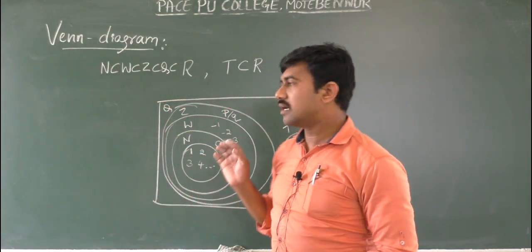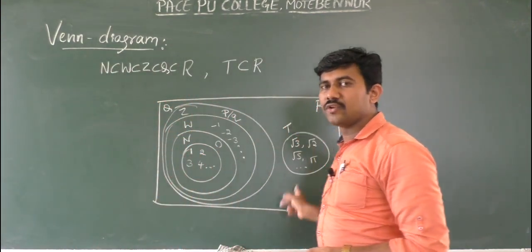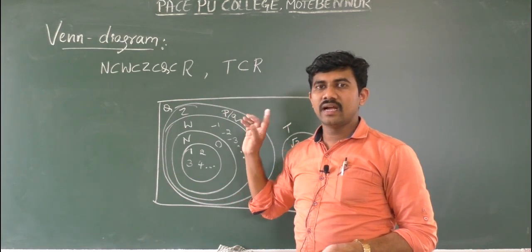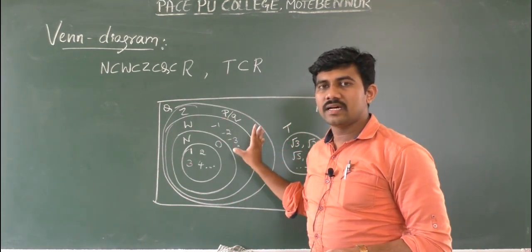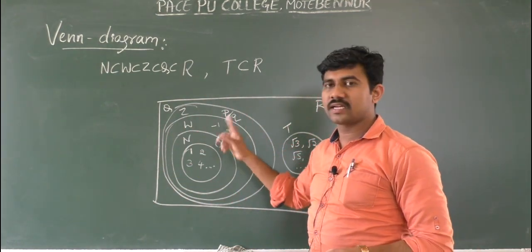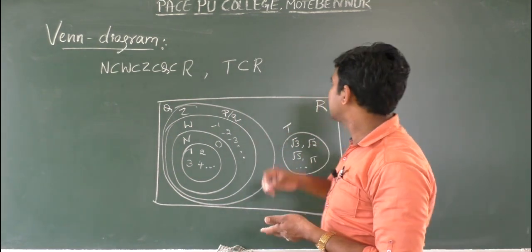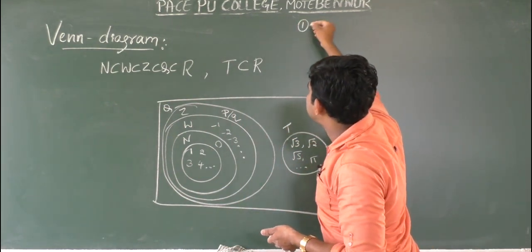So in a Venn diagram, we have to represent the universal set by a rectangle, and the remaining sets by circles. So we have to remember two points here.